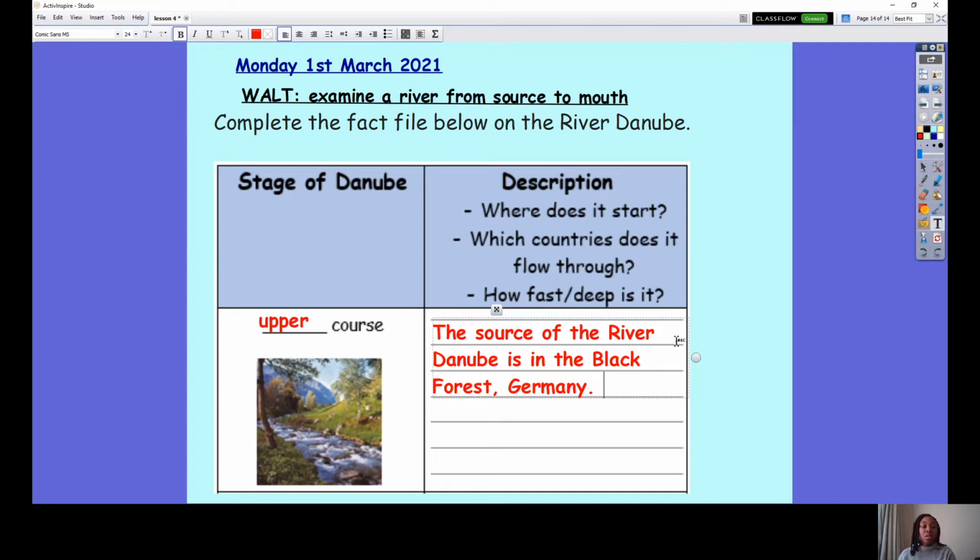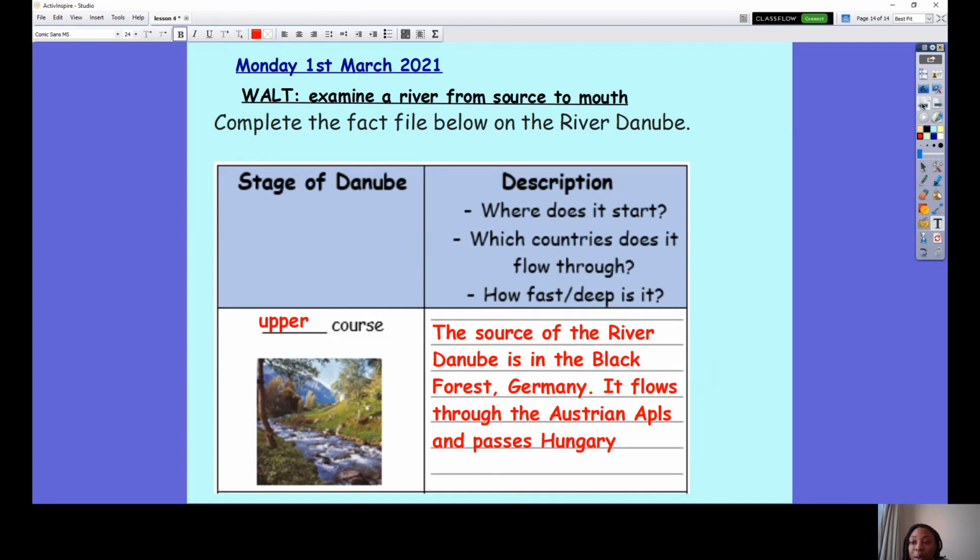So when it's in its upper course, what countries does the River Danube flow through in its upper course? So now I can go back to my slides and answer that question. Now I know it flows all the way to the Austrian Alps, which is in Hungary. So I'm going to say it flows through the Alps. And I'm just going to say it passes Hungary.